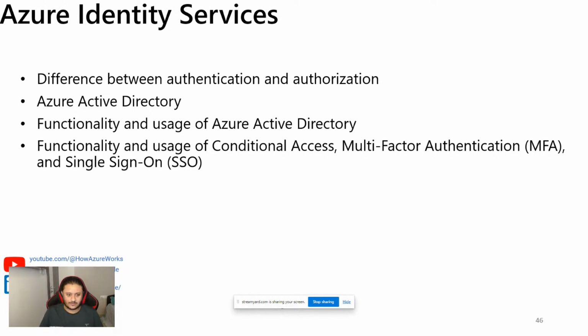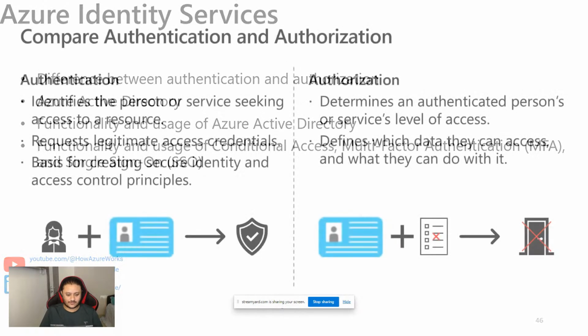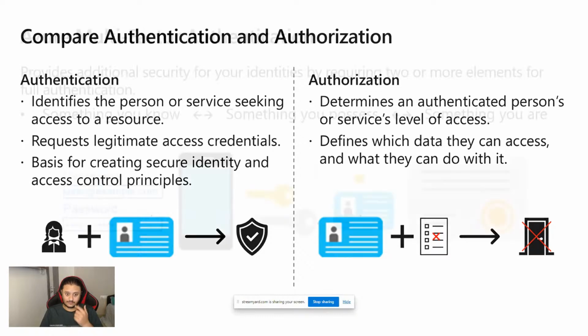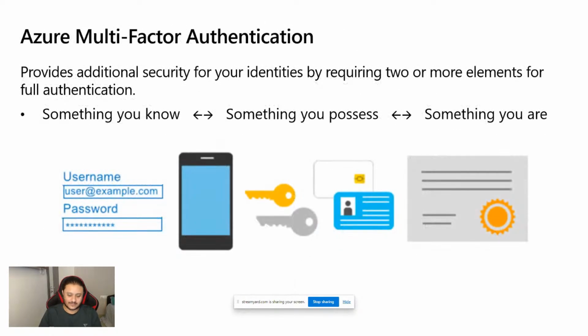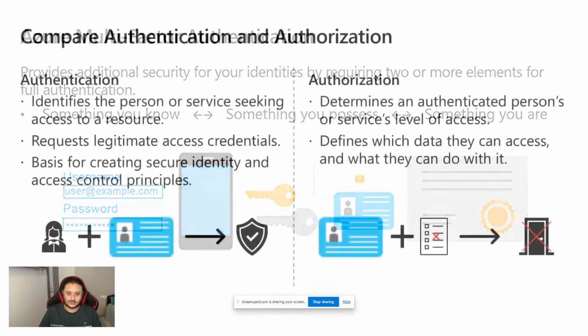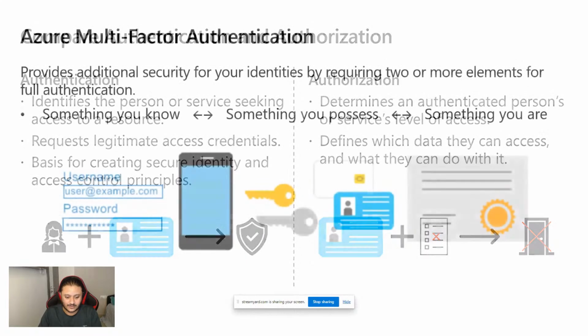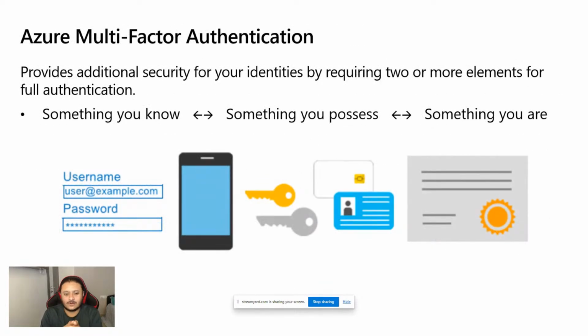If I talk about the native services for identity and access management, we have Azure Active Directory. Using Azure Active Directory, we can configure our authentication and authorization. Now, when it comes to Azure Active Directory, in layman's terms, any Active Directory here we call a tenant.